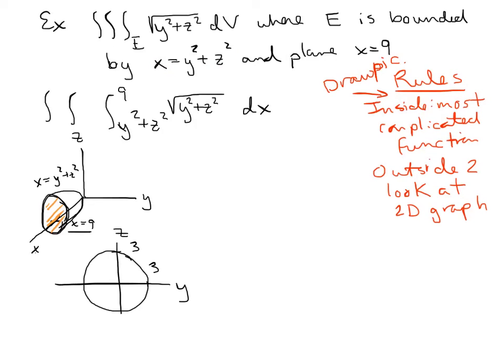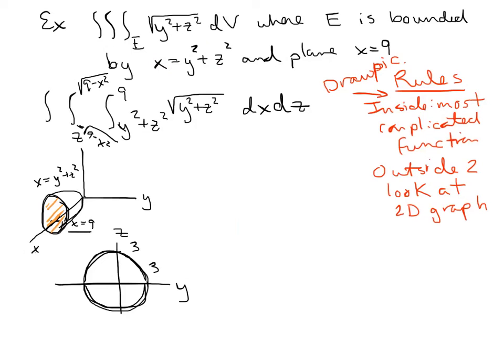Okay, so now if I wanted to set up this integral, if I wanted to choose z next, my upper function for z would be the positive square root of 9 minus x squared, and then the bottom bound would be the negative square root of 9 minus x squared. That's the negative root right there.